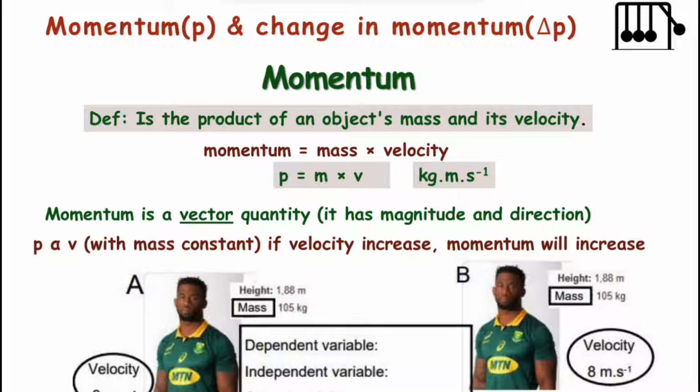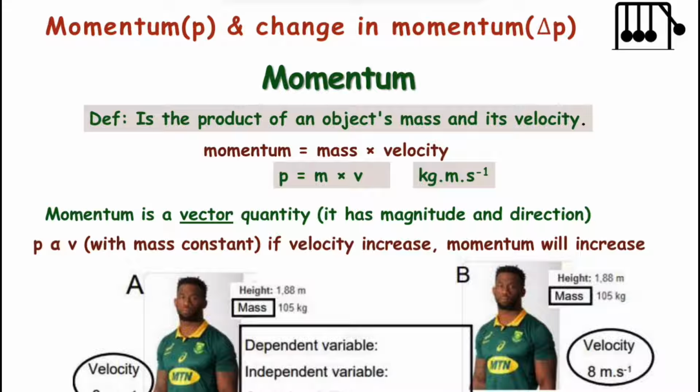What is momentum? In a nutshell, when we talk about an object that has motion, a moving object, we say that object has momentum. But in terms of the exam guideline, Grade 12s, you have to define it according to the exam guideline. It says it is the product of an object's mass and velocity.